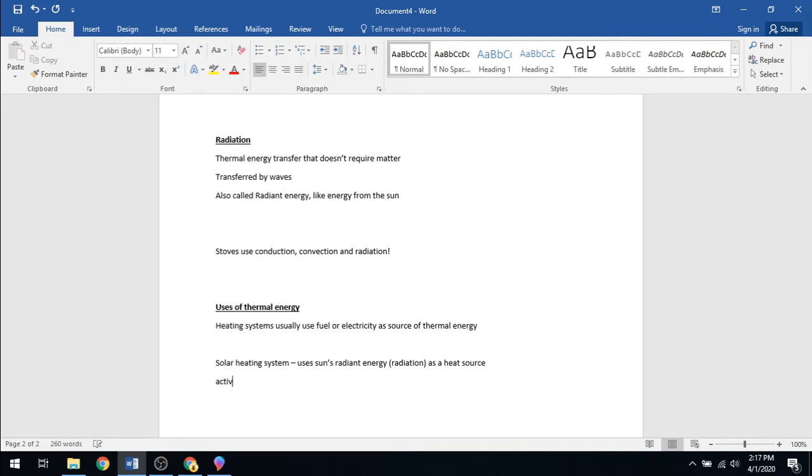We'll go passive first. Passive uses the sun's heat to warm a house or a building.